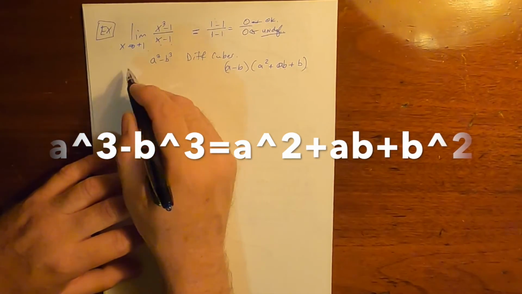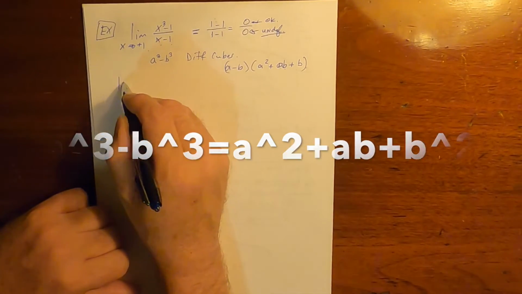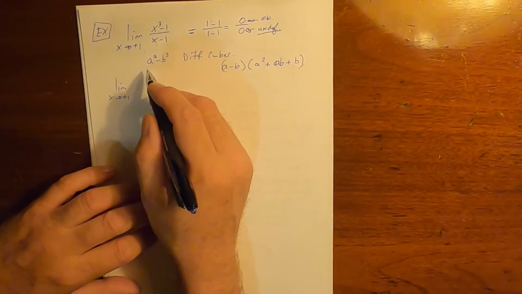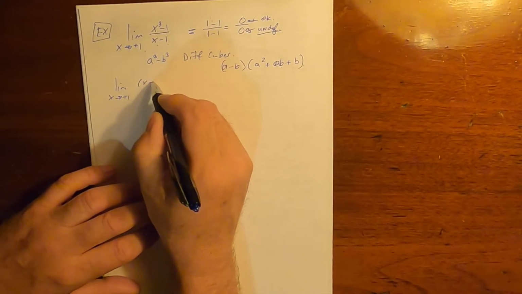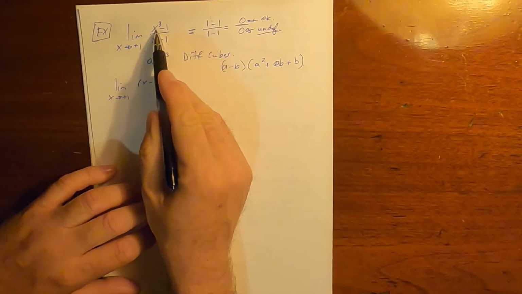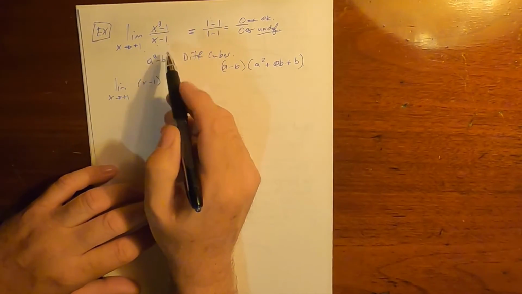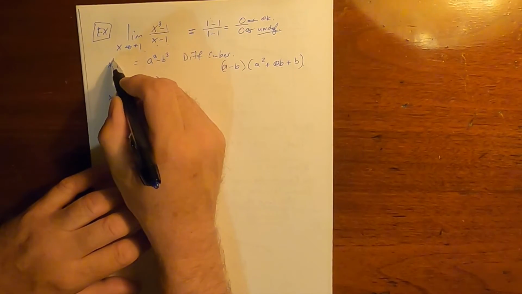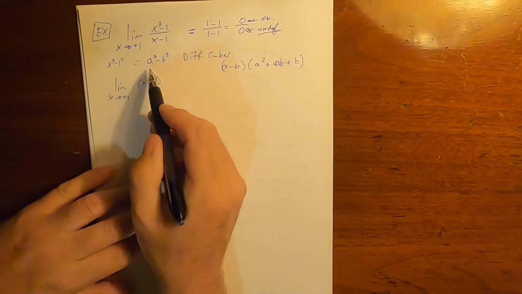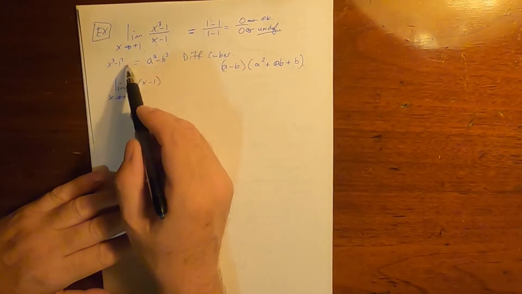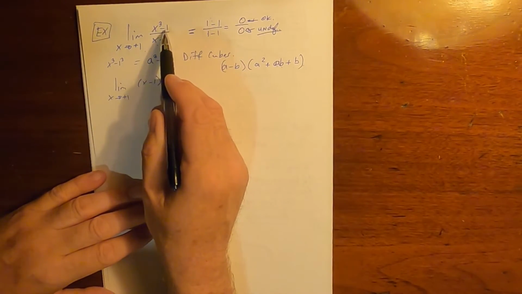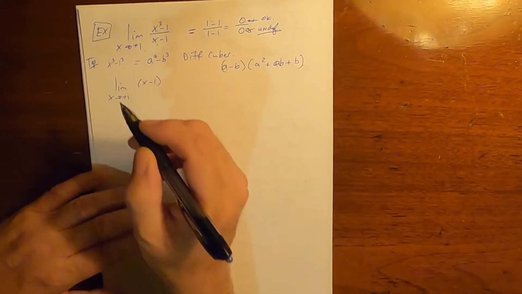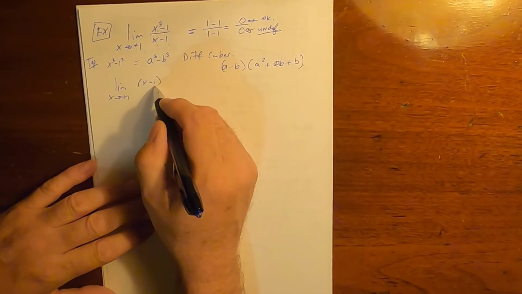So when I put this back in, now my limit becomes this, as x approaches plus 1. I'm recognizing that's a. What I'm seeing here is I have x cubed minus 1 cubed, and that's what I have up top in the numerator, even though it's showing itself as just x minus 1.